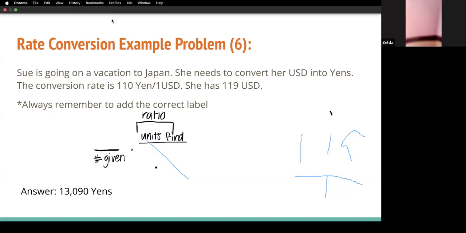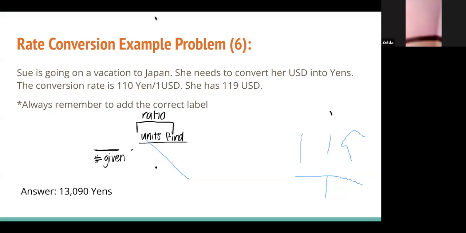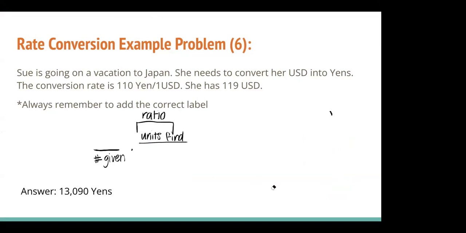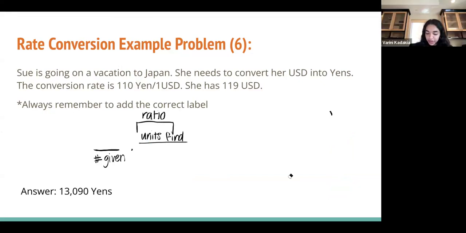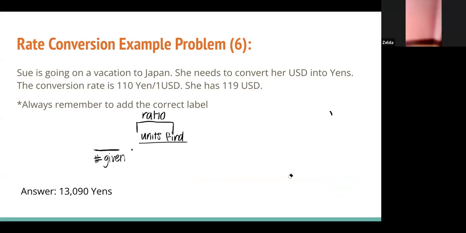Please, why is the ratio drawn like that? I haven't finished writing the ratio. Hold on. Units to find over units given.